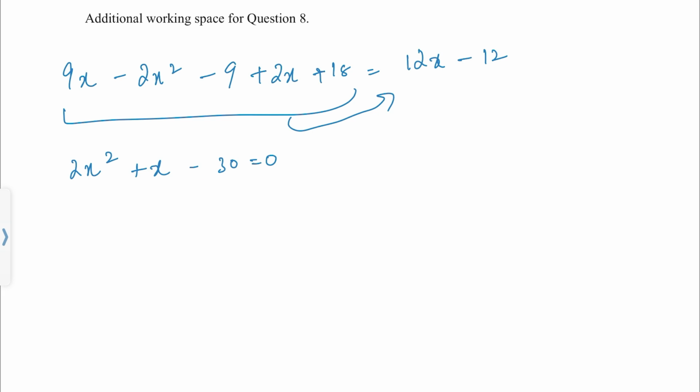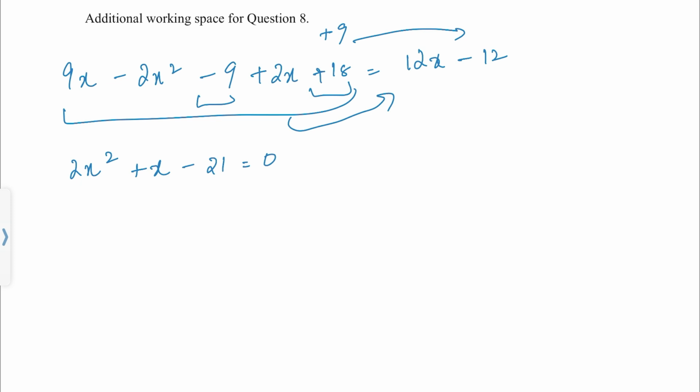And minus 30 and then minus 9. Sorry, plus 9, that would be 21. This is minus 9 plus 18 is plus 9. This would go there, that would be minus 21 equal to 0. We'll be calculating the value of x.